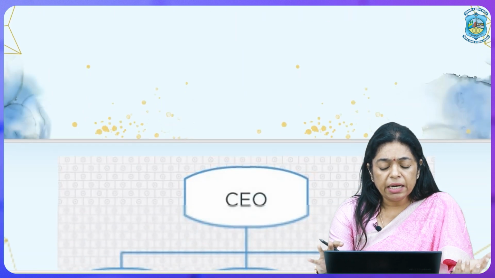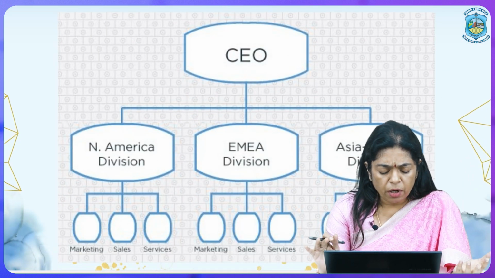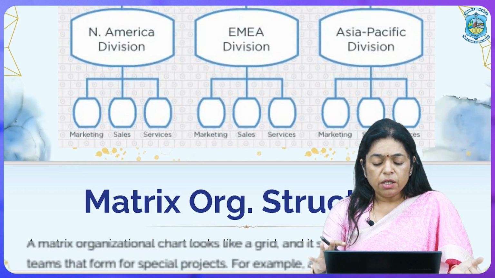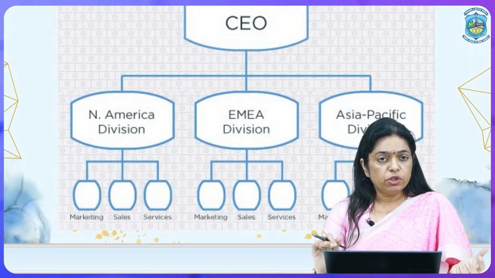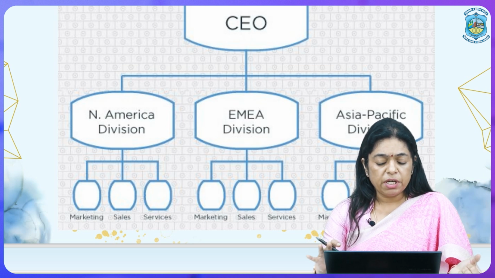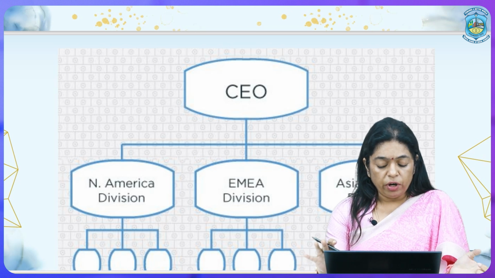This line diagram shows the geographical-based divisional organization structure, where one office is situated in North America, another in Asia Pacific, and another in East Asia. So these are the three different types of divisional organization structure, based on market, product, and geographical region or area.